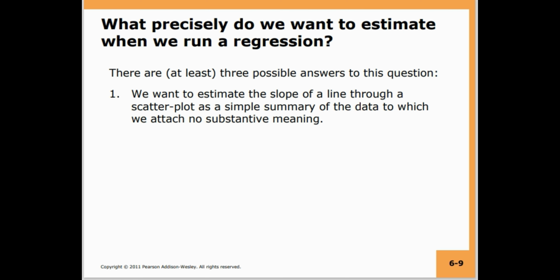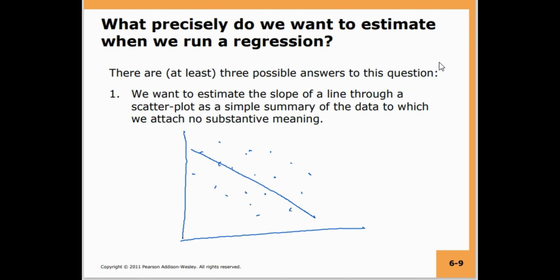One is the very simplistic mechanistic idea that, suppose we have a cloud of points, we want to find the line which passes through the middle of this cloud of points, and we are really interested in the slope of this line, that is beta 1 hat, and the intercept of this line, that is beta 0 hat. This is a very mechanistic way of looking at the regression results.